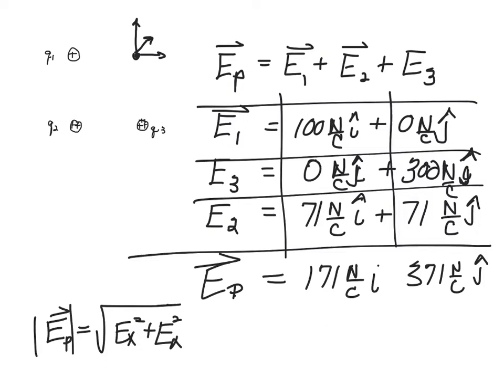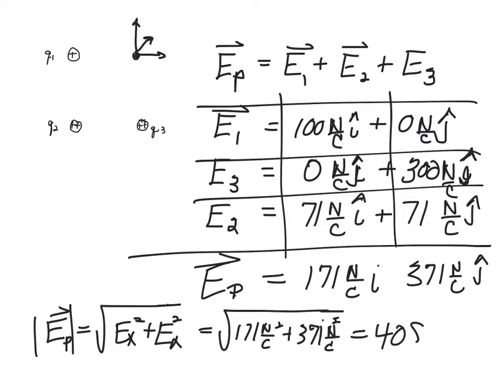You've got to remember these equations for doing vectors. And so this would just be the square root of 171 newtons per coulomb squared plus 371 newtons per coulomb squared. And then when you take the square root, you get 408. I think that's the number. 408 newtons per coulomb. That's the magnitude, right? It doesn't have a direction.